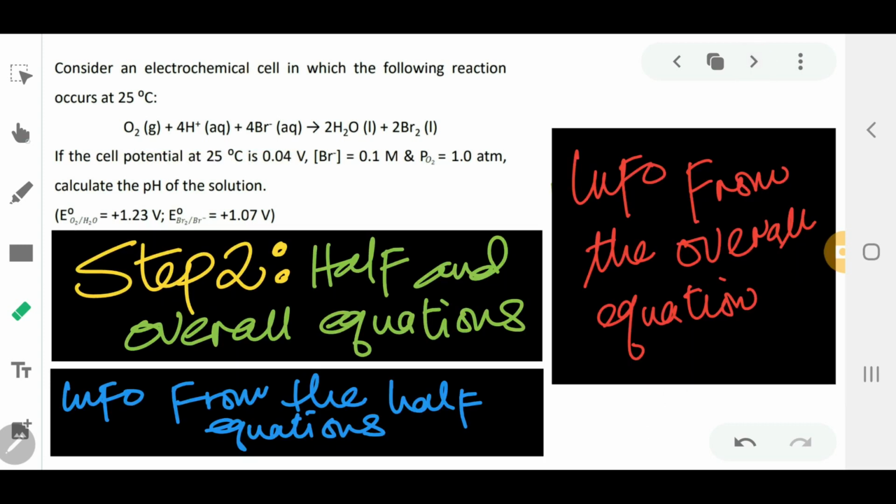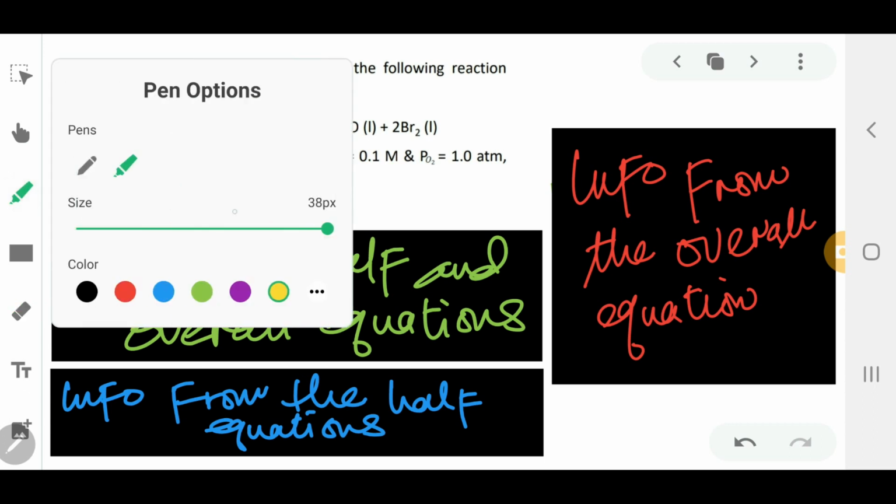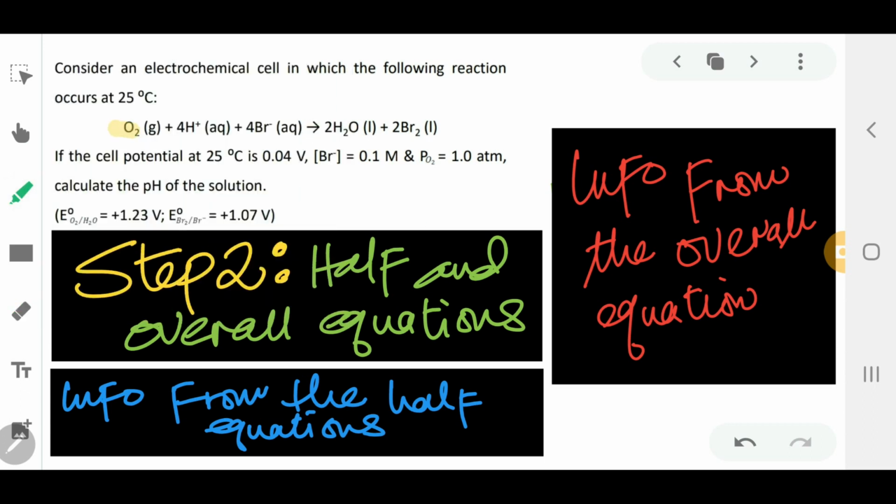Moving on to step 2, from the overall cell reactions that we have right there, we will be able to find out what are the half equations. And from there, we will be able to work out the information from the half equation and also information from the overall equation, just like what we have done in question number 1 and question number 2.